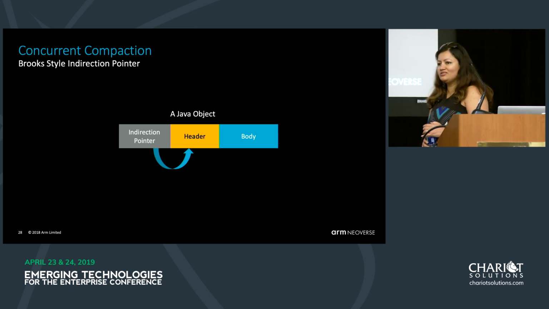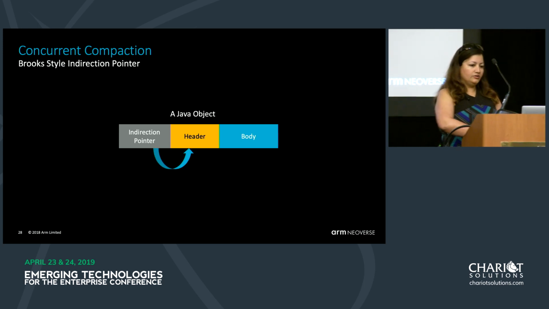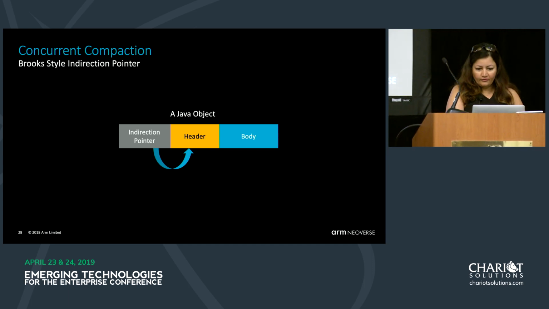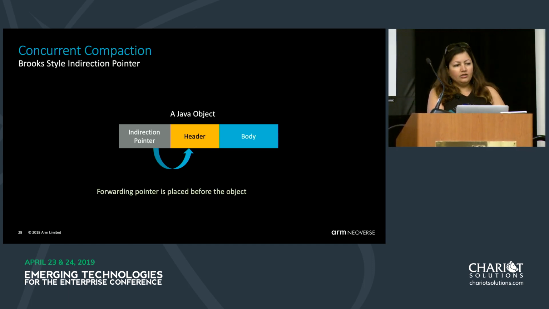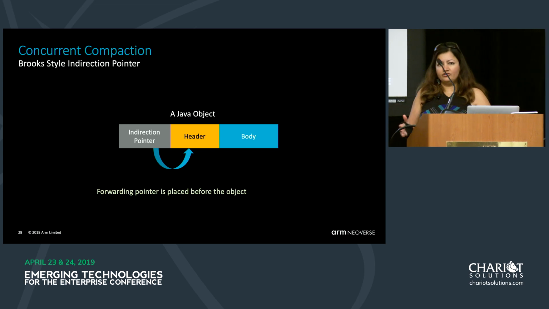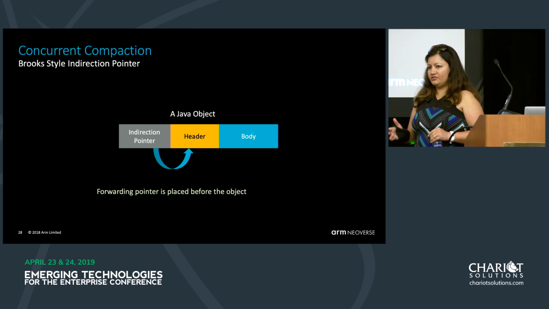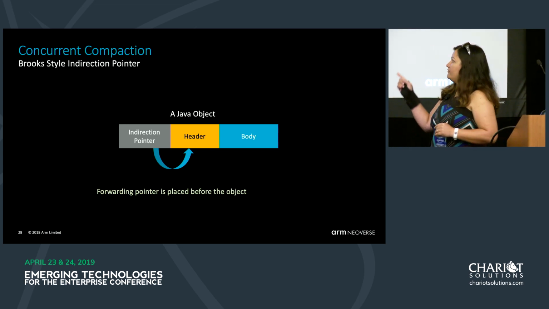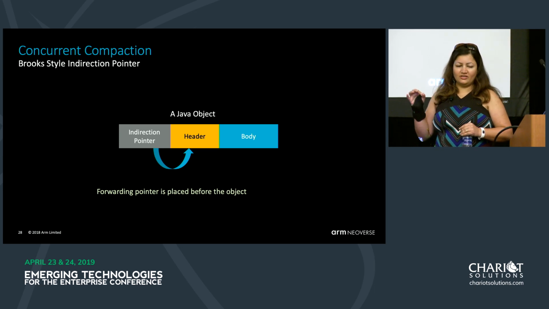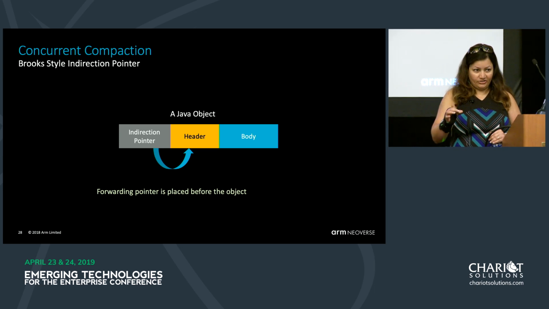It points to itself if it's not forwarding anywhere. So that's the default state right now. So for every object in Shenandoah GC, it'll have a forwarding pointer. So this is an overhead for every object.